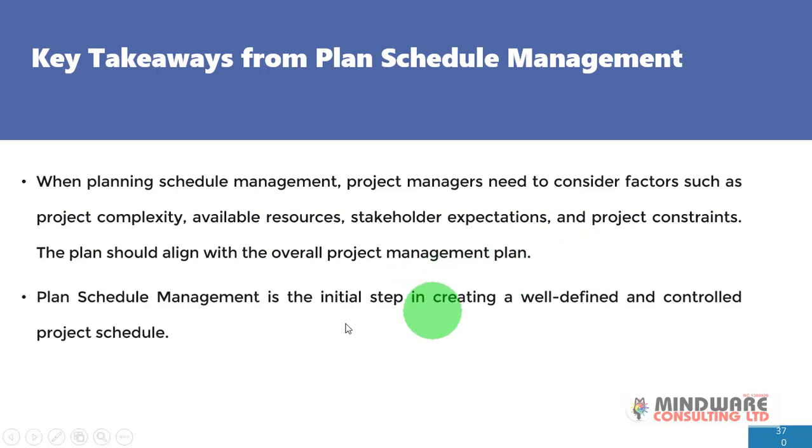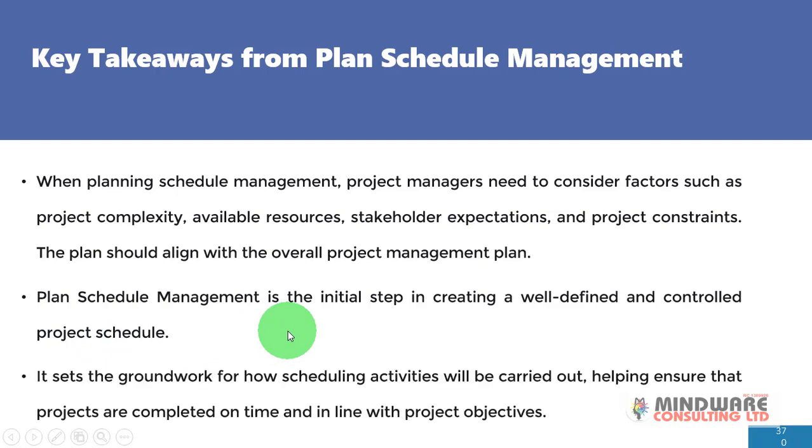Plan schedule management is the initial step in creating a well-defined and controlled project schedule. It sets the groundwork for how scheduling activities will be carried out, helping ensure that projects are completed on time and in line with project objectives.